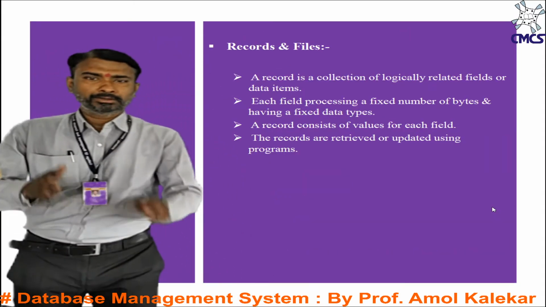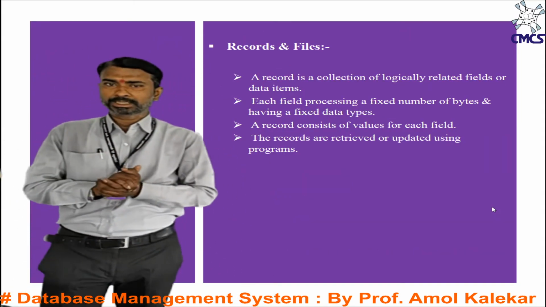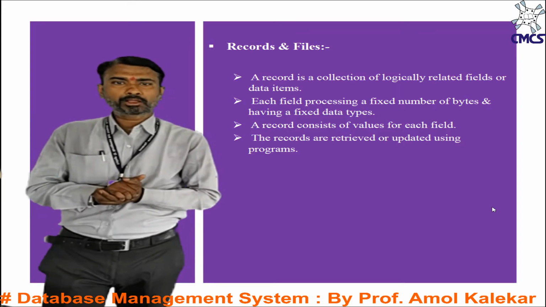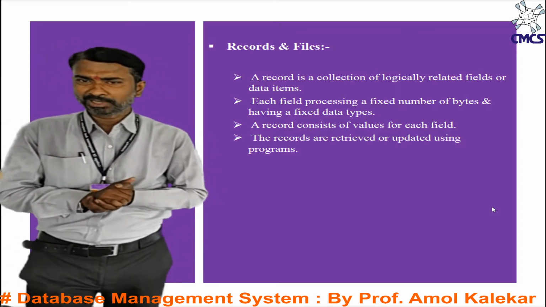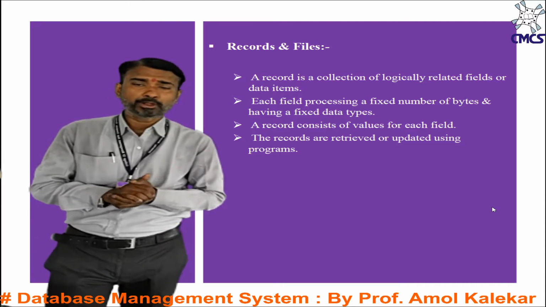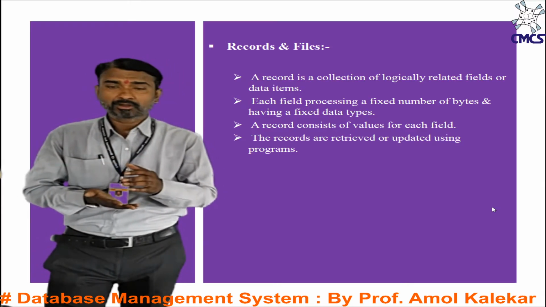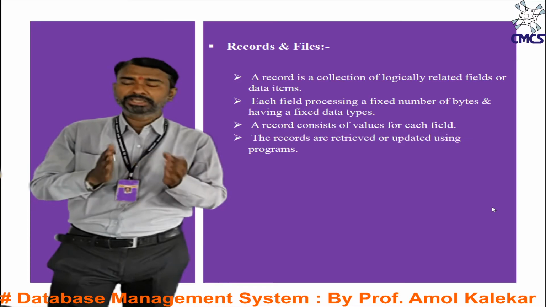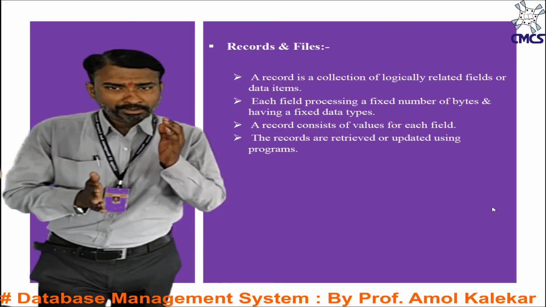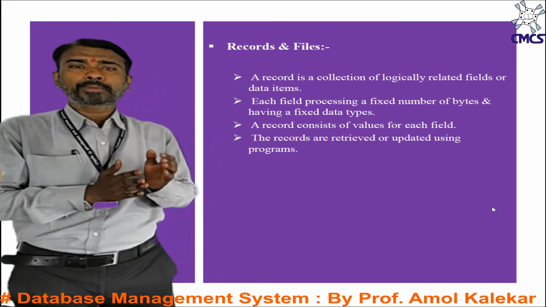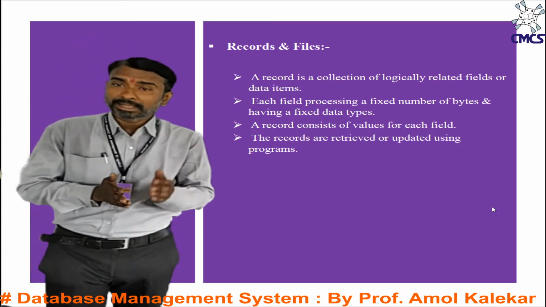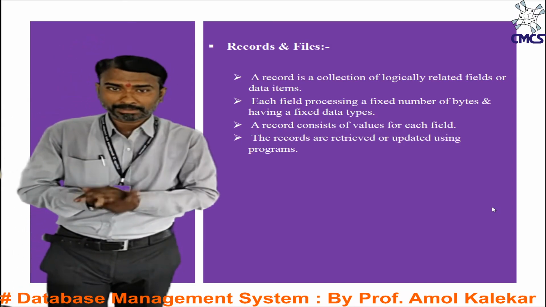Okay, so finally we'll conclude our discussion with the last topic, that is records and file. In the simple way, a record is a collection of logically related fields or data items. Each field possesses a fixed number of bytes and has a fixed data type.